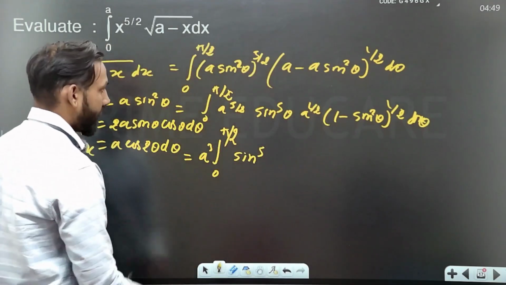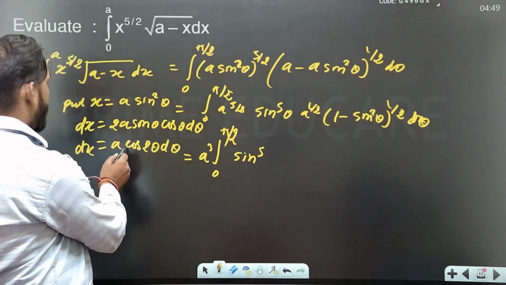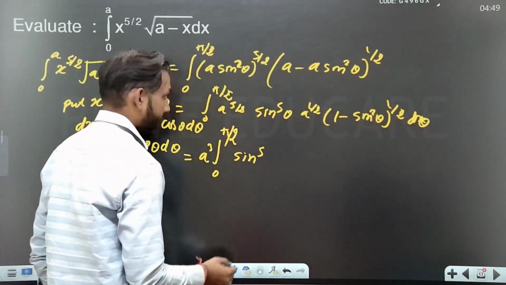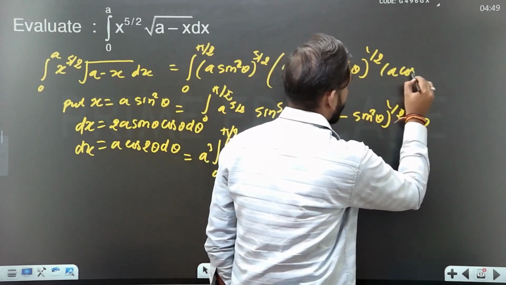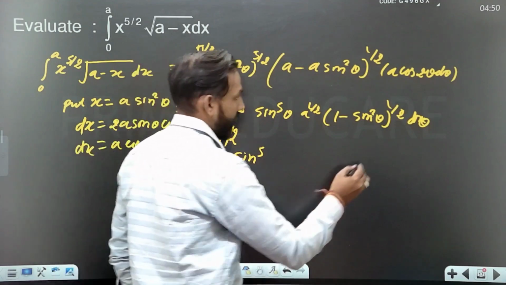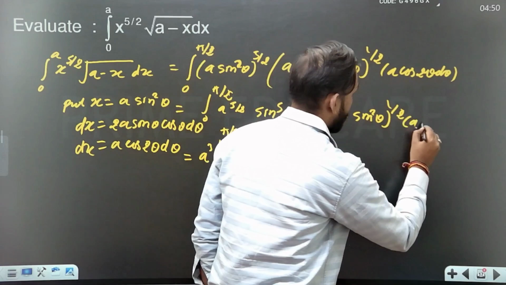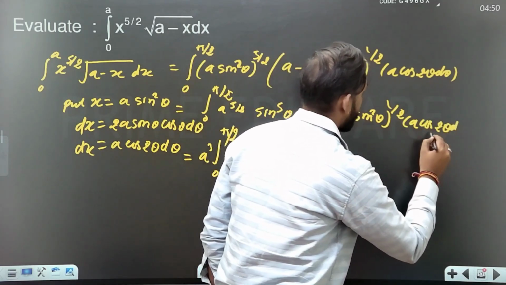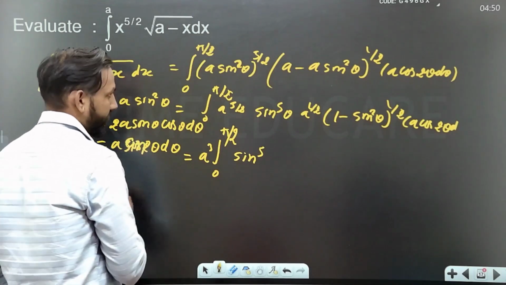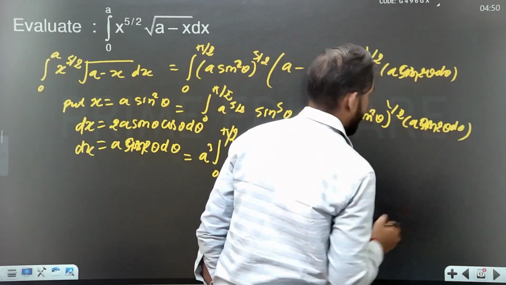Now we put the value of 2 theta here, a equal to this a cos theta, right? Also the value of dx is a sin 2 theta d theta, right? And again here a, sin 2 theta, not cos, sin 2 theta d theta.